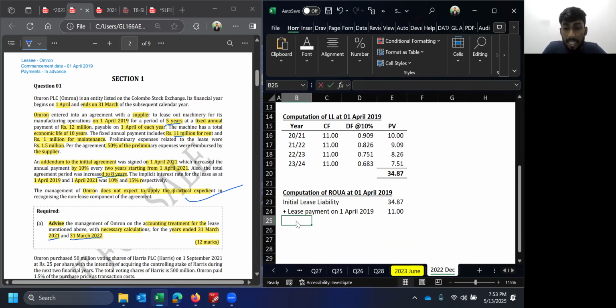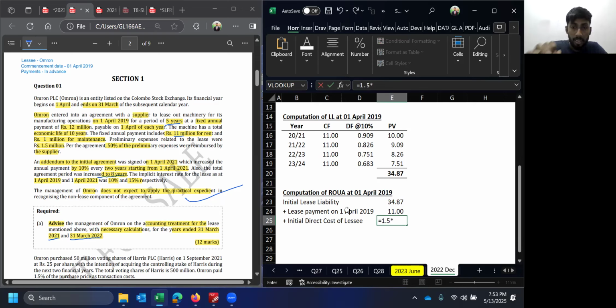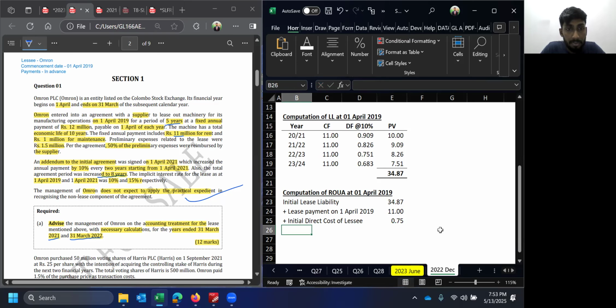Then apart from that, I have to add what? Initial direct cost of lessee. How much is the initial direct cost of lessee? 0.75 million, exactly. 1.5 into 50%, 0.75 million.